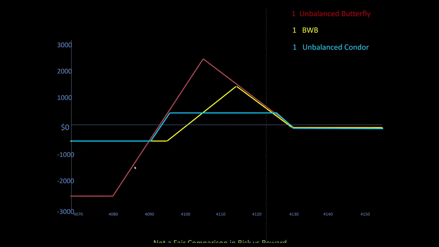How do you compare one trade that has 2,500 of risk, 2,500 of profit, to another trade that has $500 of risk to $500 of profit?